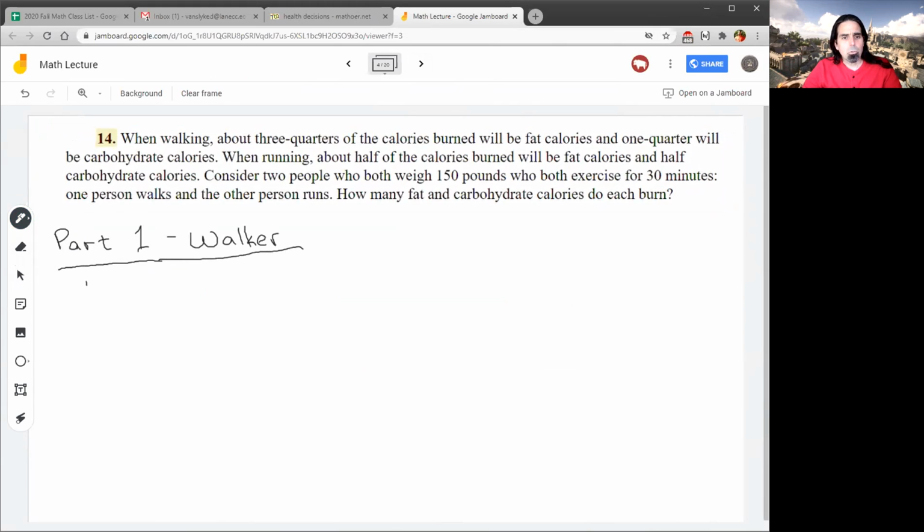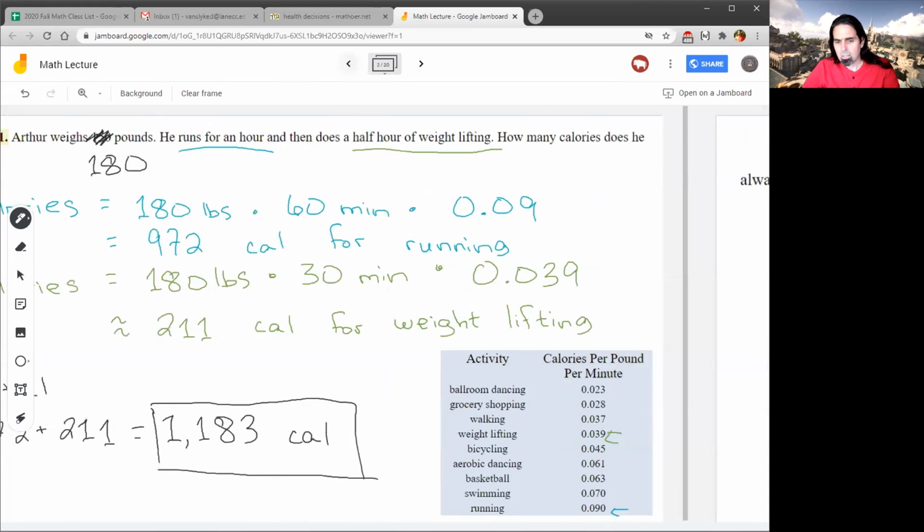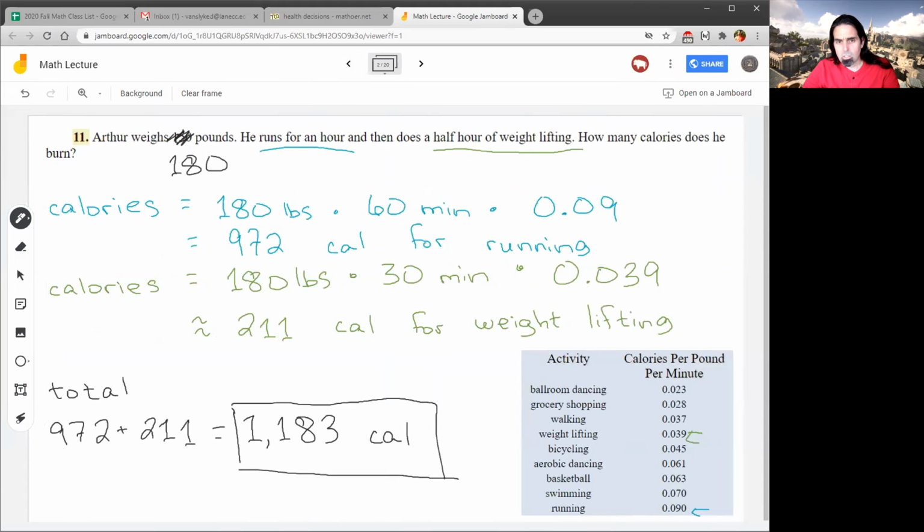So they're going to have 150 pounds, 30 minutes, and the number for walking is 0.037.